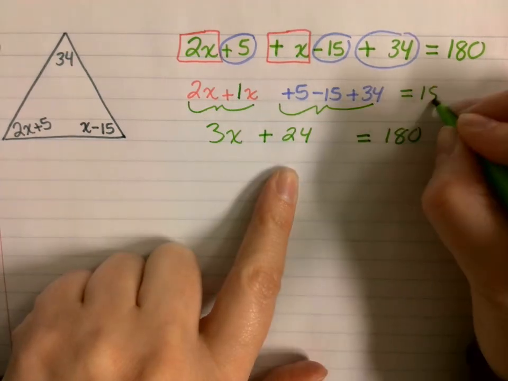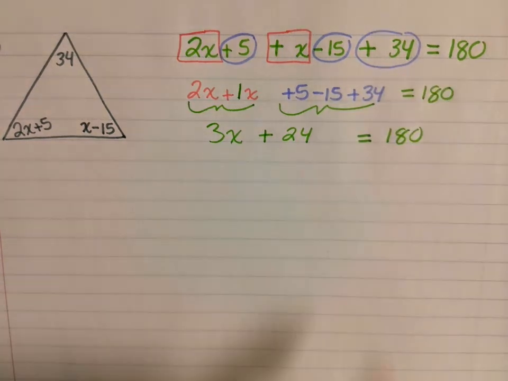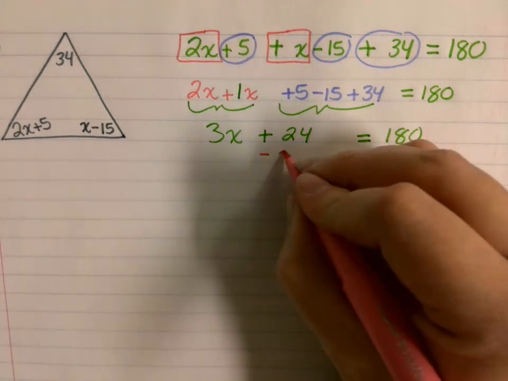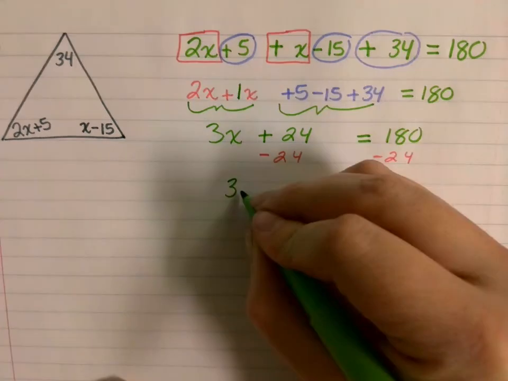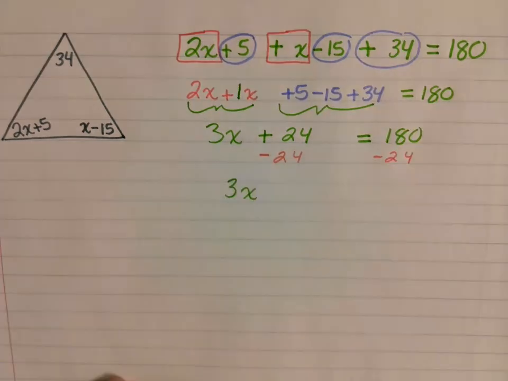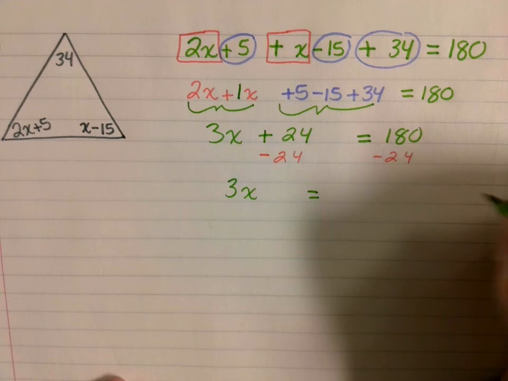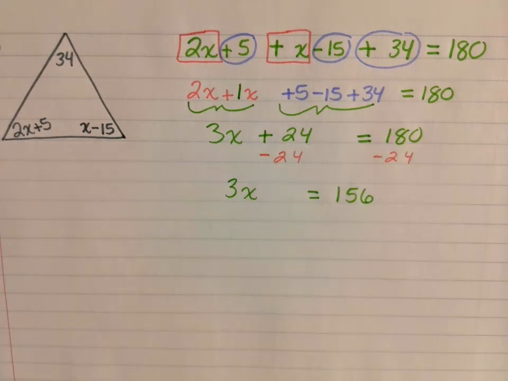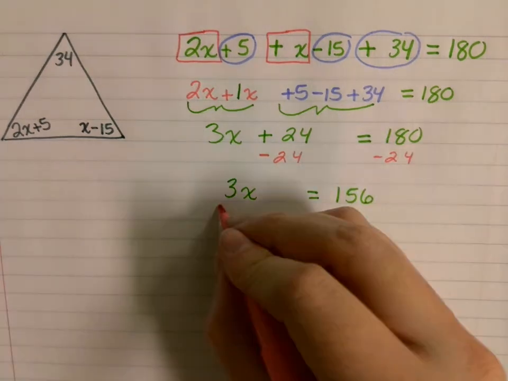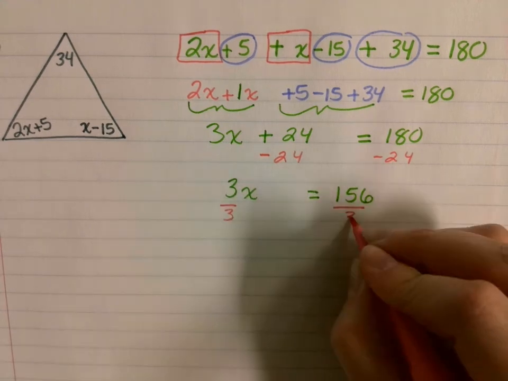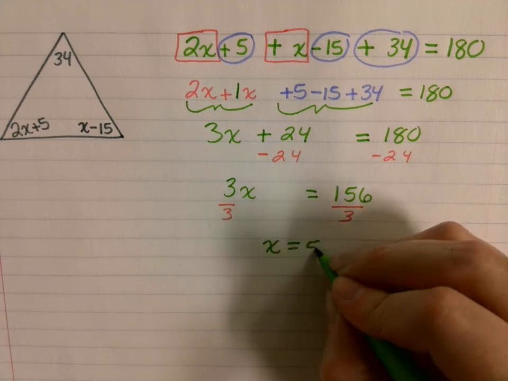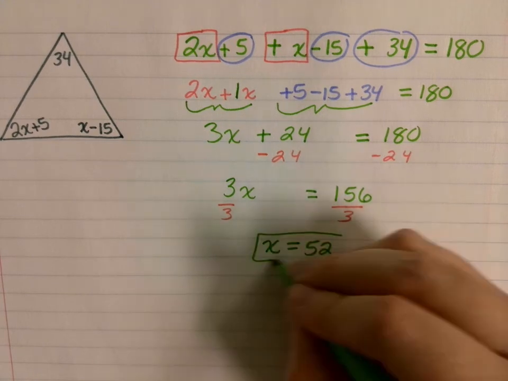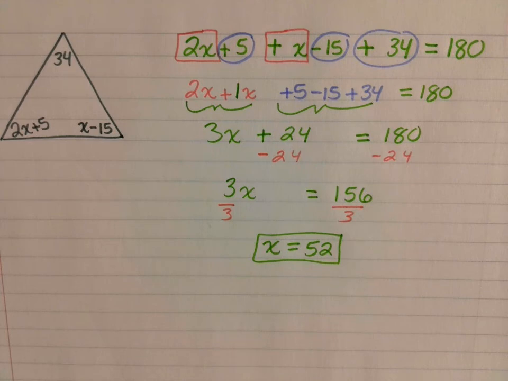Okay, so I've just simplified it down to a 2-step equation. We're going to subtract 24 first. That'll give us 3x is now equal to 156. And then we'll divide both sides by 3. That's going to give us x is equal to 52. That's about as hard as they're going to get.